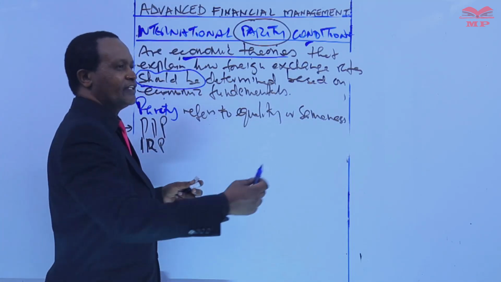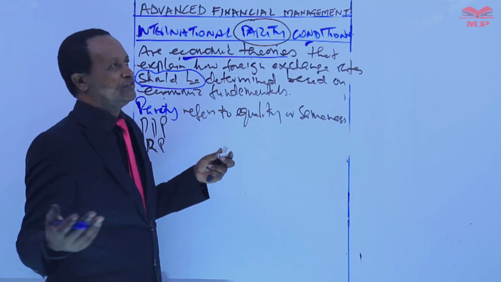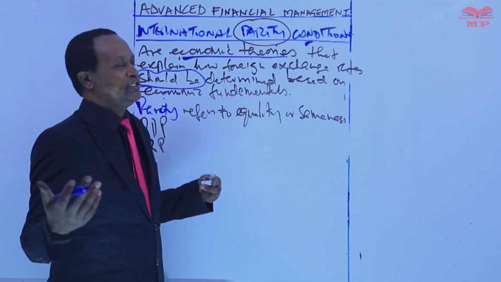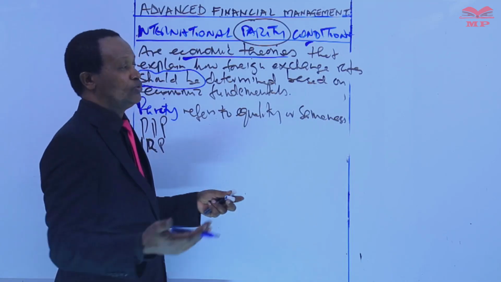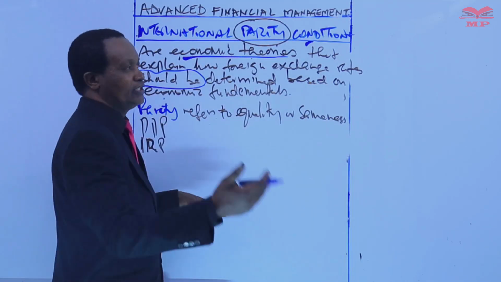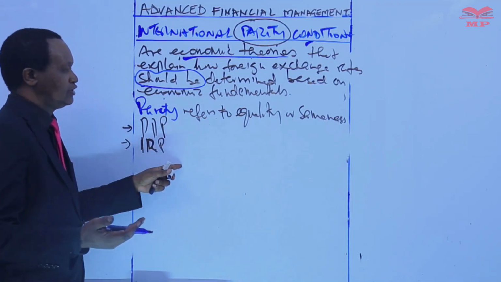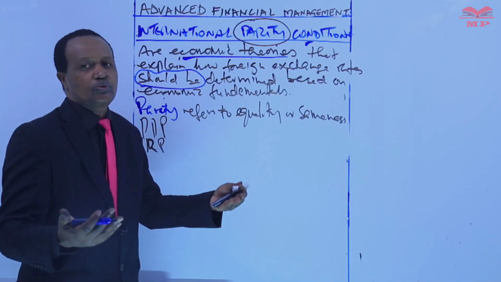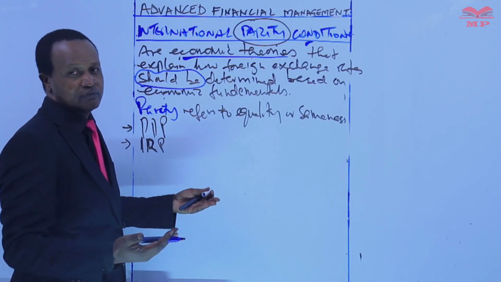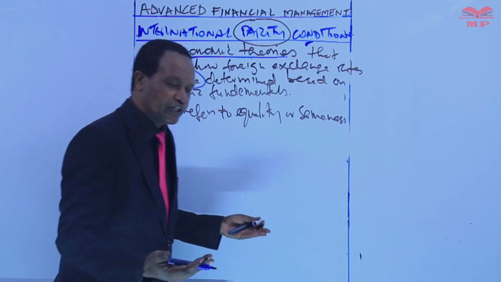So if the interest rate differential is 2%, like was the case in our earlier illustration, then according to this theory the difference in foreign exchange rates should be 2% also. So that then is a state of equilibrium.